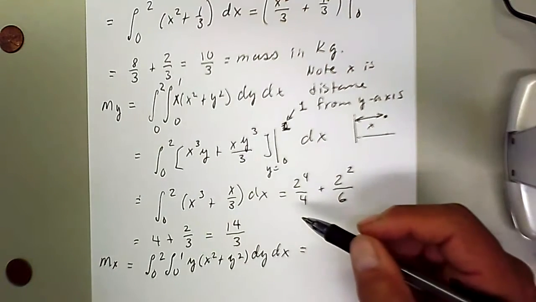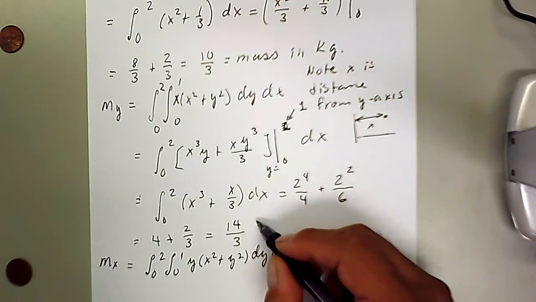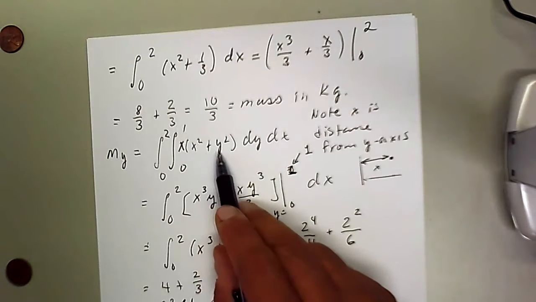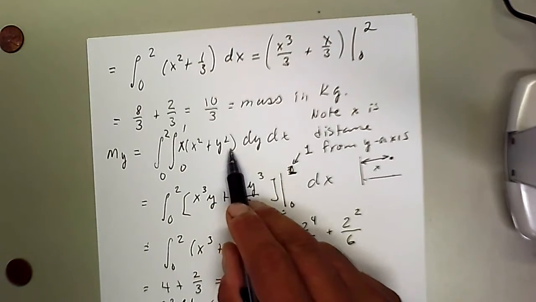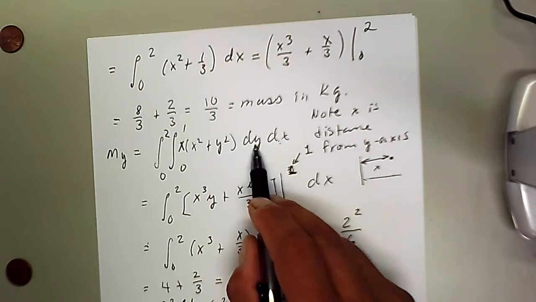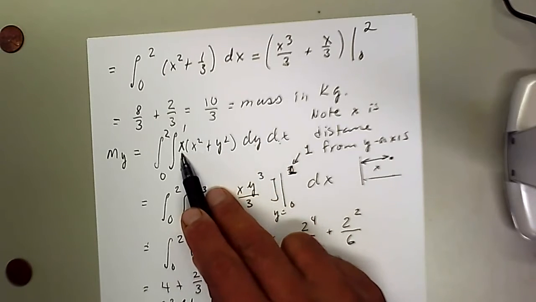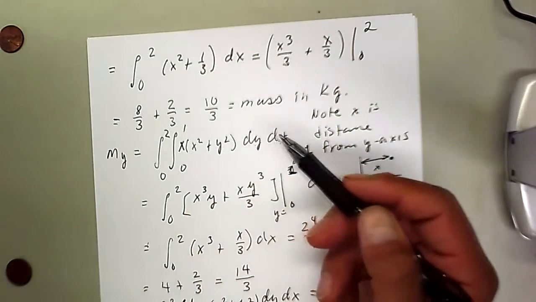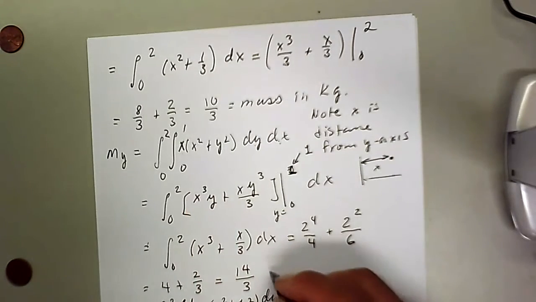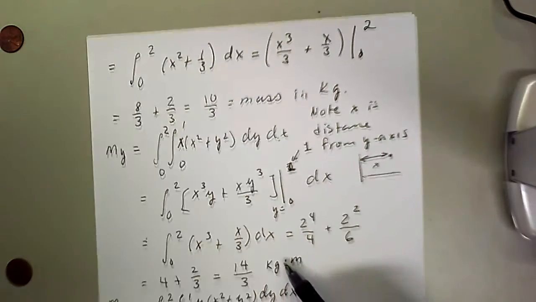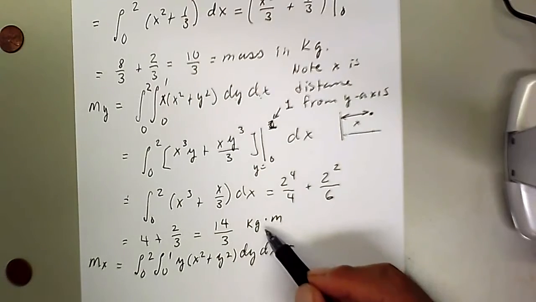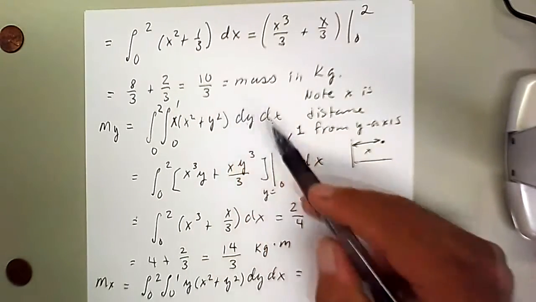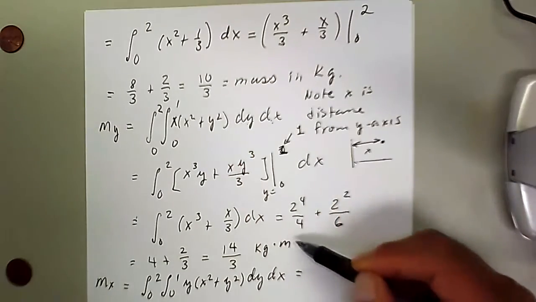By the way, the units: this was kilograms over meters squared, but then we multiply by those 2 meters, so we end up with kilograms, but then we multiply by another length. So that's going to give us kilograms times meters. I'm not going to try to figure out what that is, because when we find the actual coordinates, we have to divide this by the mass. So the kilograms simplify, and we end up with pure meters.